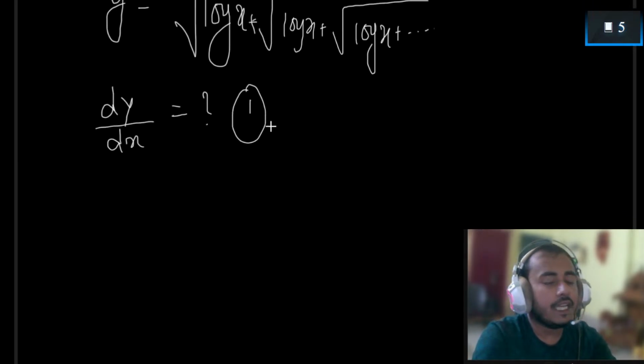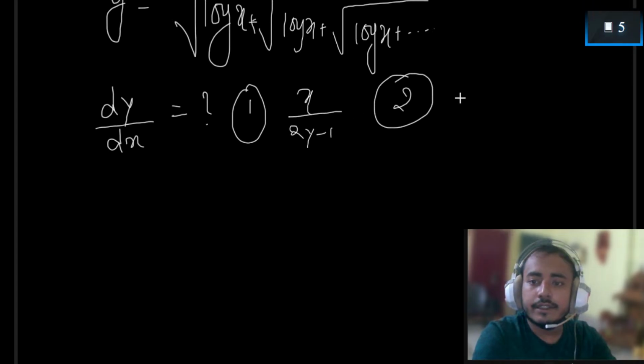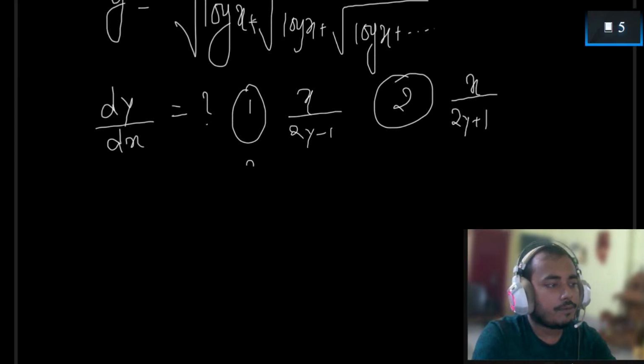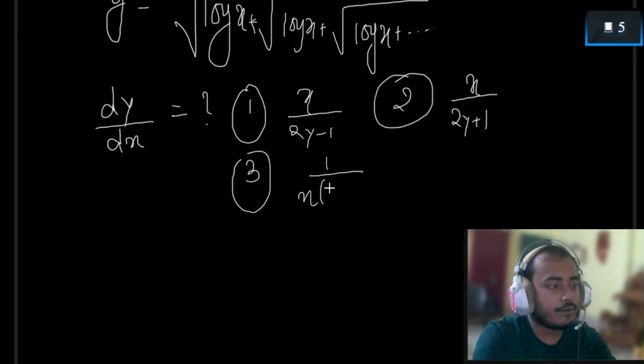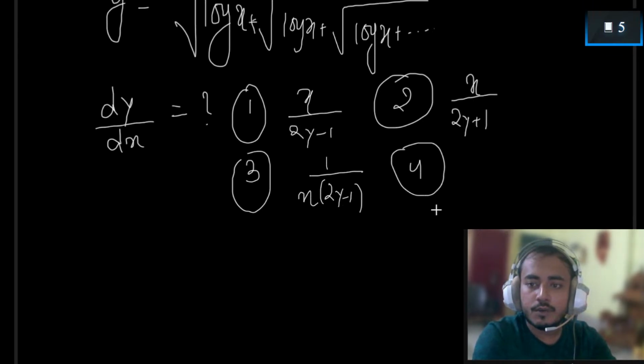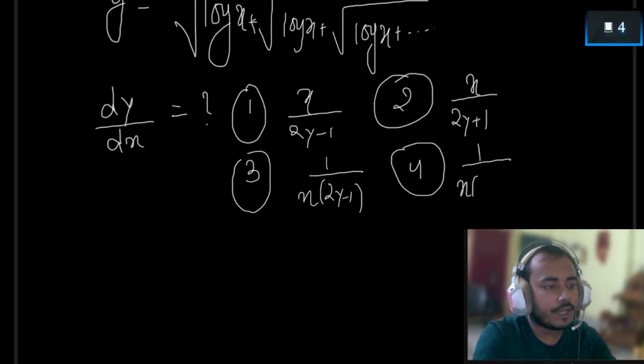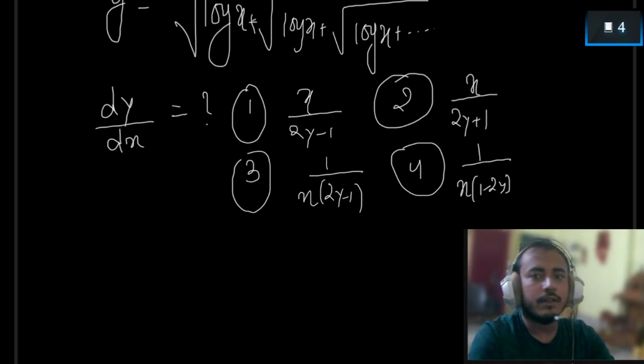Option 1 is x by 2y minus 1. Option 2 is x by 2y plus 1. Option 3 is 1 by x whole into 2y minus 1. And option 4 is 1 by x whole into 1 minus 2y. So these are your four options.